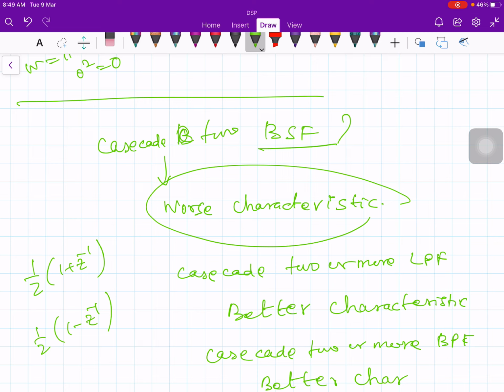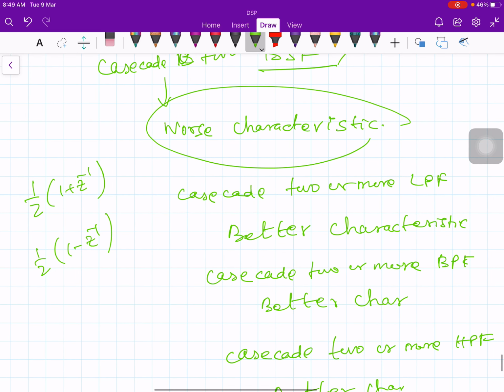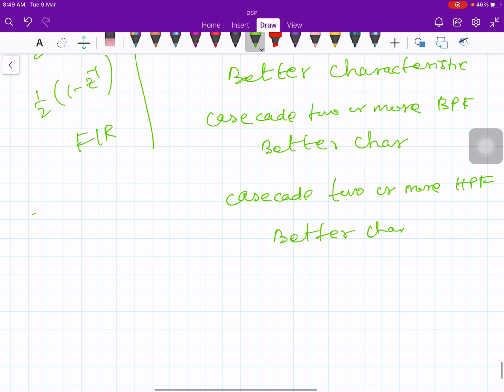And then the IIR band stop and band pass filters. These are the four filters that they use, the four filters that you have seen in the IIR case. And if one filter doesn't work, you cascade one more filter. If one is not sufficient, they will use two of them in cascade.